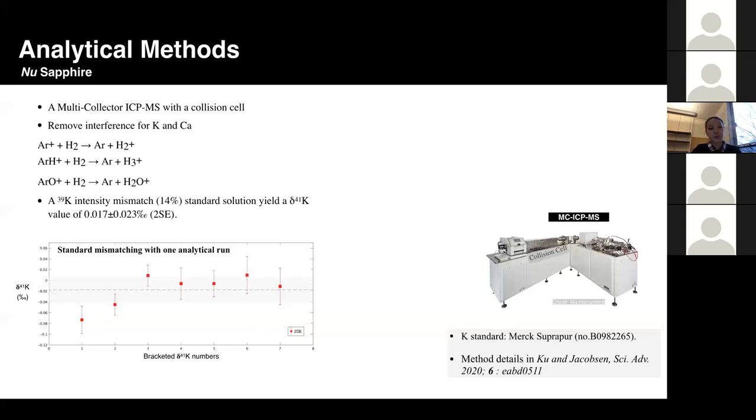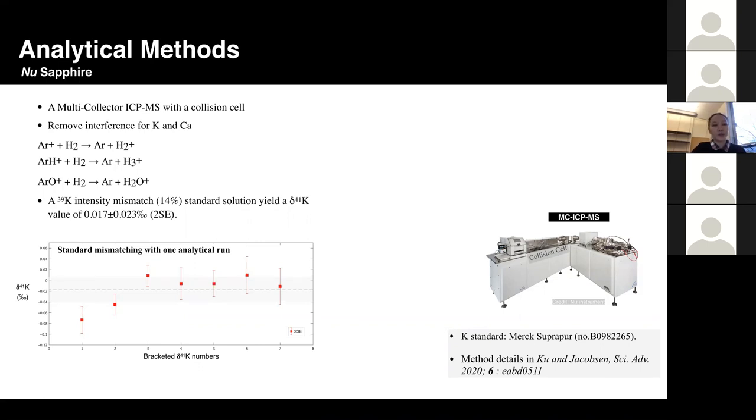Also, to ensure the quality of the data, we measure a concentration mismatch standard. Here is an example shown in the bottom left figure. We have a normal standard, and then we make a solution that has a different concentration standard. Then we run the sample to make sure that the tuning of the instrument can reproduce the result of this mismatch standard to an acceptable, a good value.